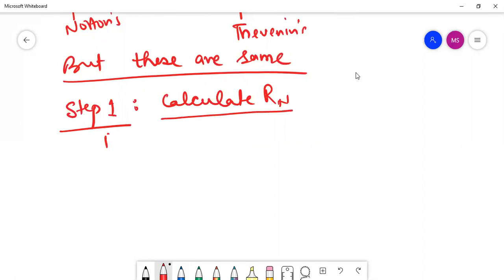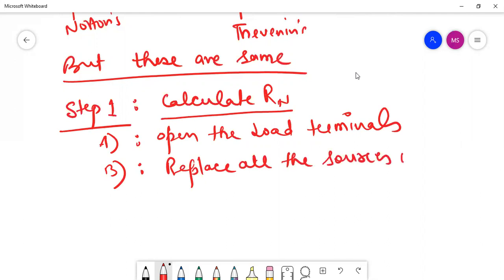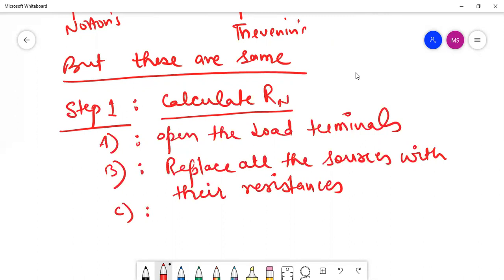The first step is to open the load terminals, and second is to replace all the sources with their internal resistances, right? And then third is to redraw the circuit. Do not forget to redraw the circuit.